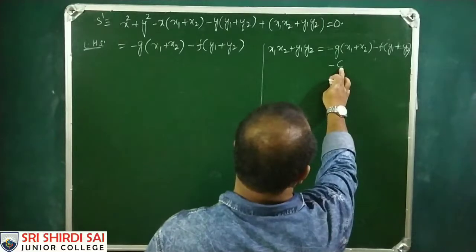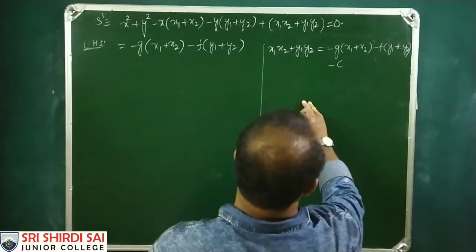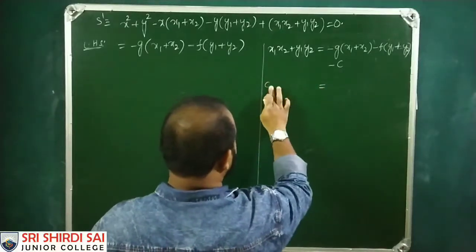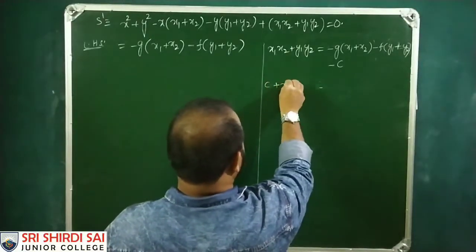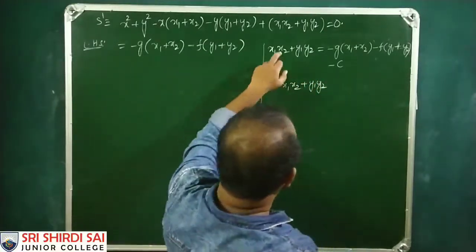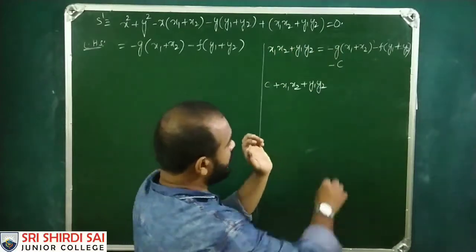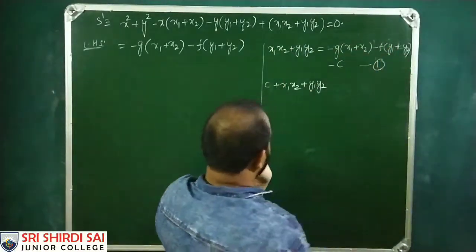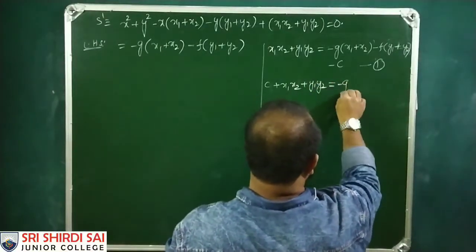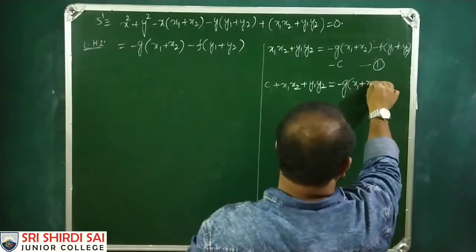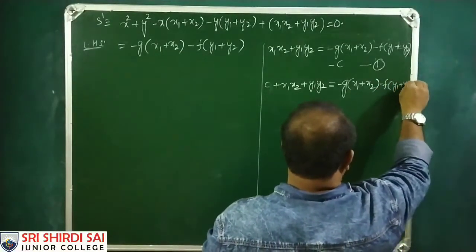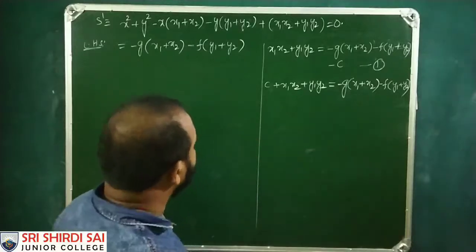If minus c is to be taken on this side, c plus x1 x2 plus y1 y2, this one we got earlier, otherwise you may take it as the first equation. So c plus x1 x2 plus y1 y2 is equals to minus g into (x1 plus x2) minus f into (y1 plus y2). So from this we can reduce this.